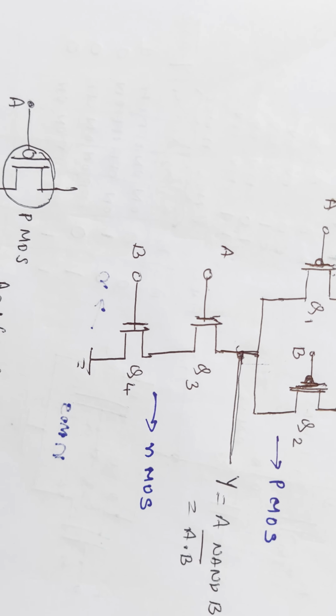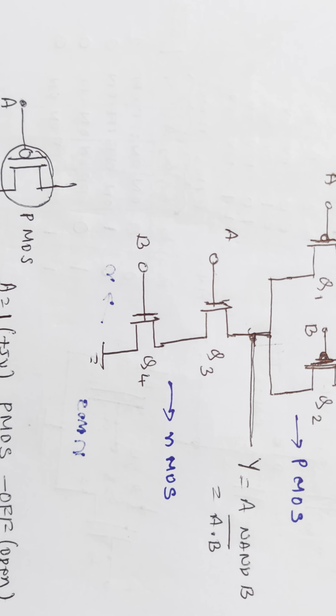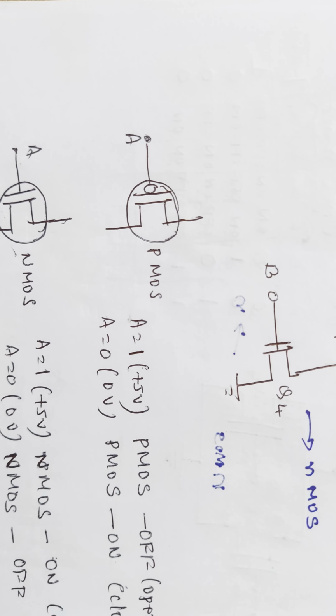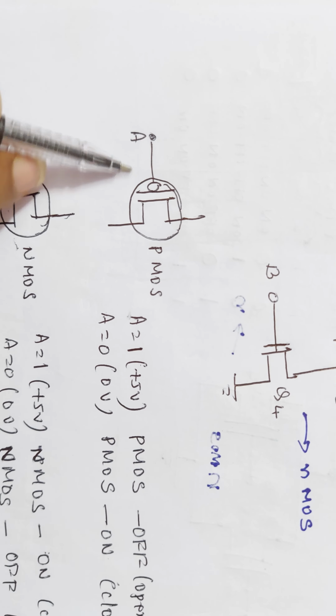Now let us see how it works. We know that for PMOS, when A is positive, that is gate is positive, PMOS goes off. When A is 0, that is when gate is 0, PMOS goes on.